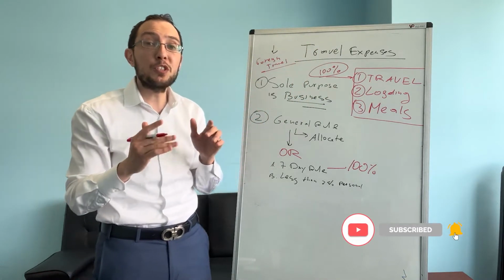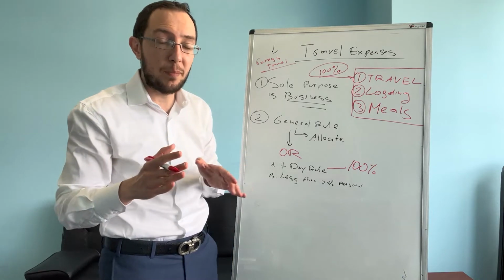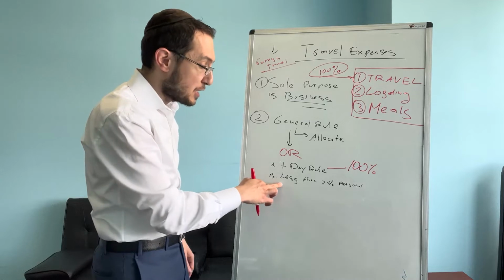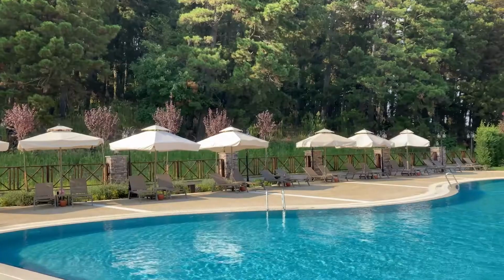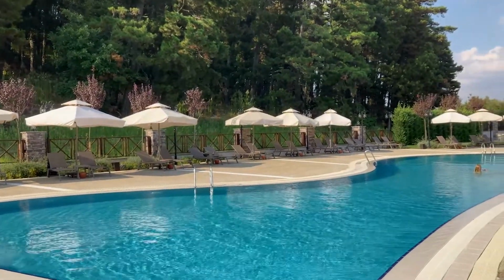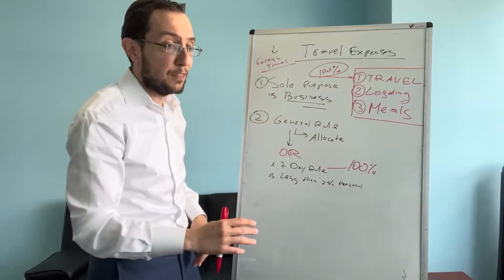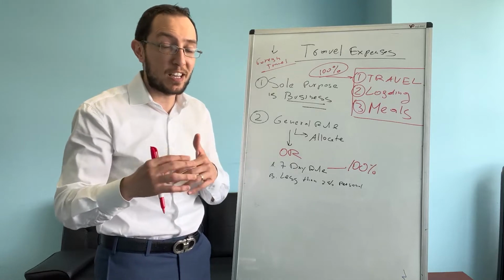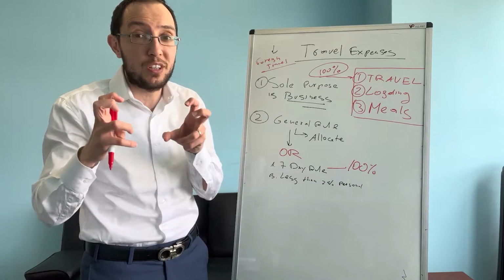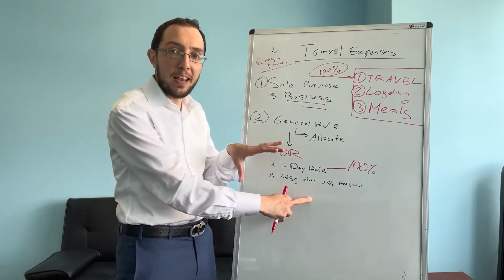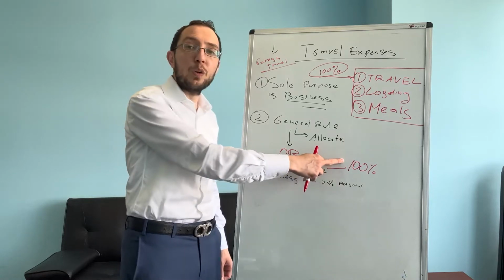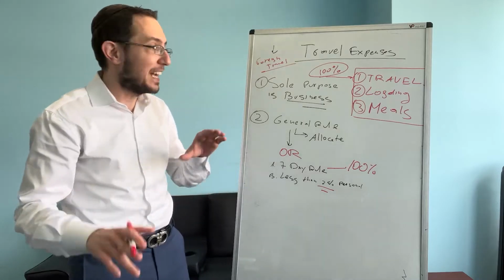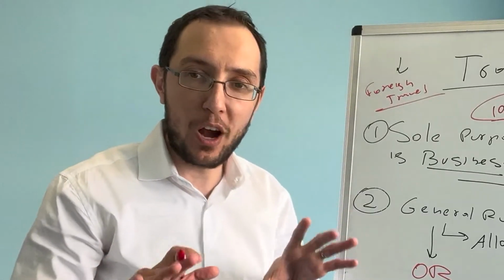But if you've spent the majority of your time on business, and the majority is defined by the IRS as spending less than 25% on non-business activities, in other words, personal days, then that's okay, because you can still deduct 100% since it was less than 25%. Again, we're talking about foreign travel.